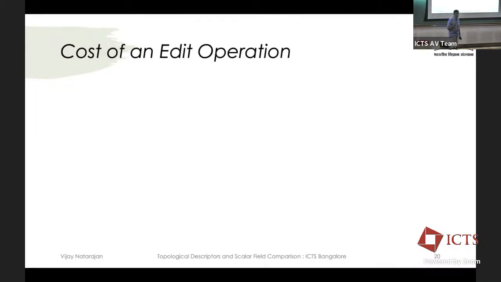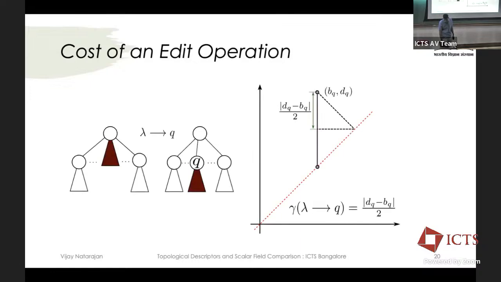The next comes the cost. What is the cost of each of these operations? This is where there are some ideas from persistent homology that come into play, but I'll try to introduce the kind of intuition behind the cost, right? You are inserting a feature. What is its cost, right? A quick way to see that is in this diagram called the persistence diagram, where the x-axis is the birth of a particular event and the y-axis represents the death, right?